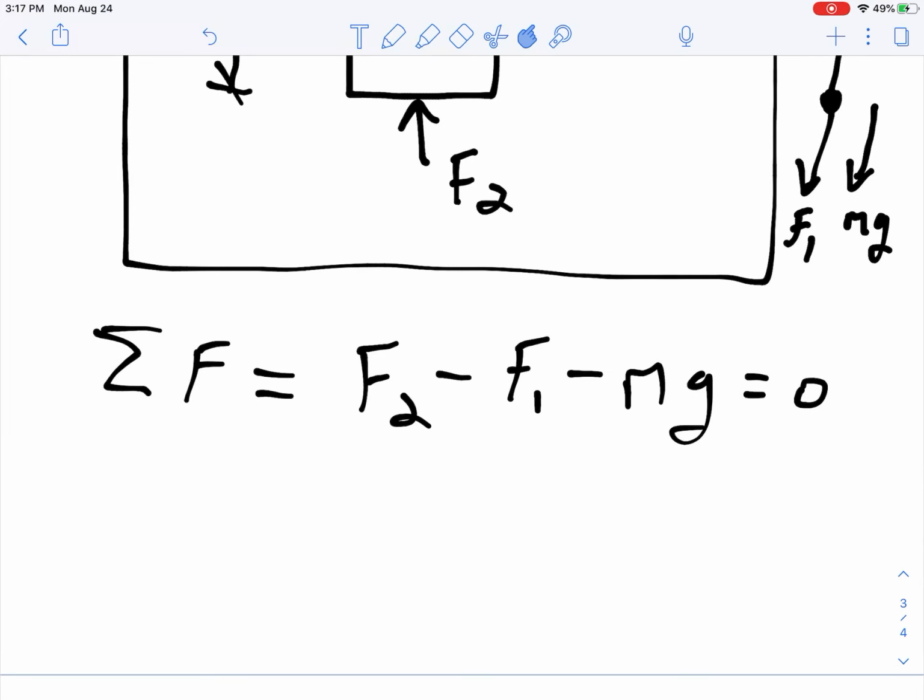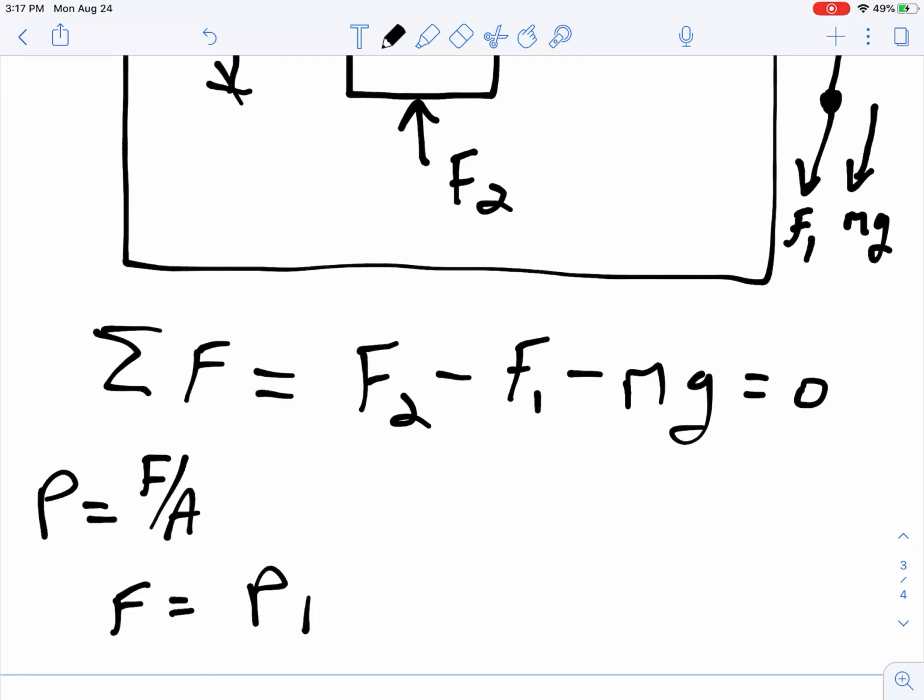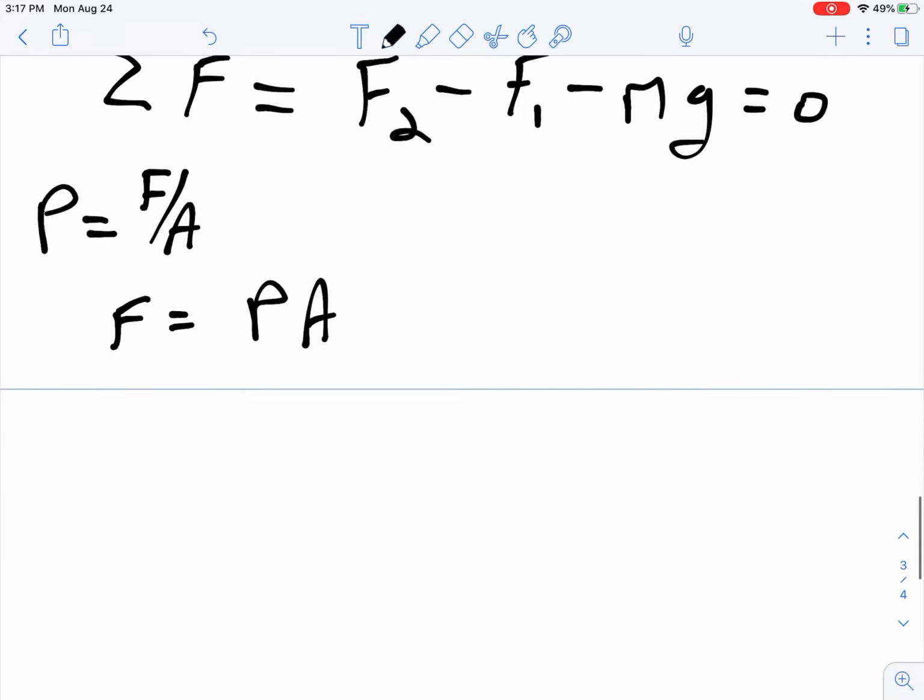All right? So, force 2. Well, if you remember, pressure equals force per area. So force must equal pressure times area. So the force from F2 would be pressure 2 times area.